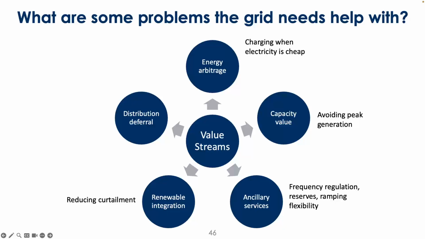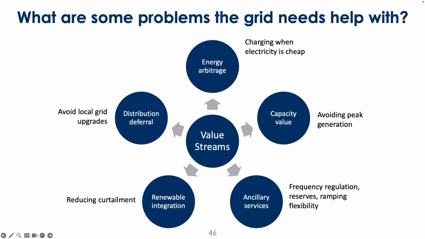Renewables integration. There's actually a case where we produce so much solar power that you have to turn some solar plants off. That's known as curtailment, and you'd like to reduce that as much as possible. And then distribution deferral. I haven't talked about this as much, but think about some local neighborhood where a bunch of people start adopting electric vehicles, and then the utility has to come in and upgrade the local transformer because it's over capacity.